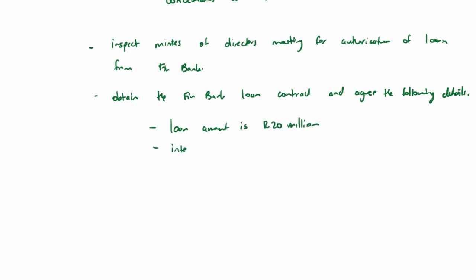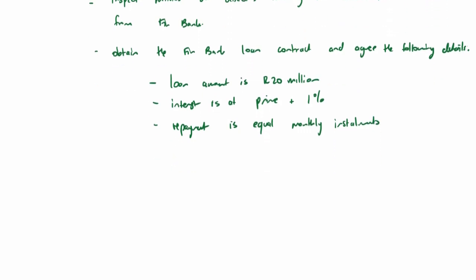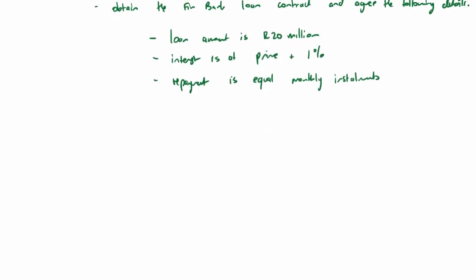That interest is at prime plus 1%. Repayment is equal monthly installments. Guys, I set the paper, so I remember the details, but you would be going back to the scenario for these details, that it's a 5-year term. What are the covenants?